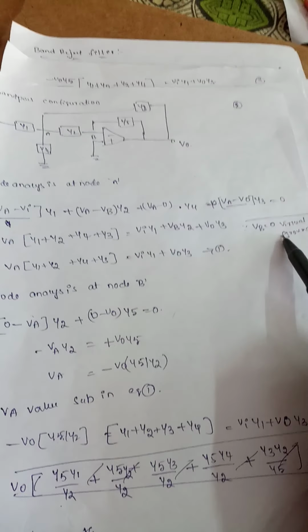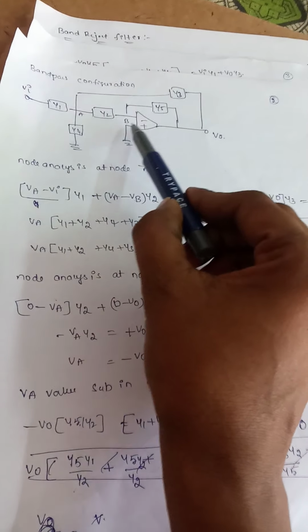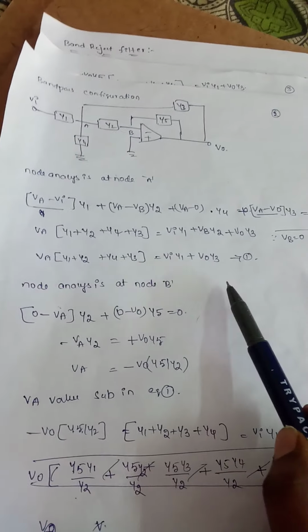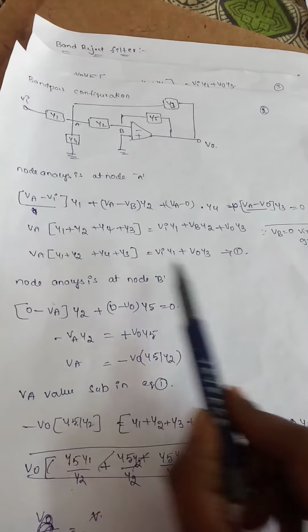Here VB is equal to 0 because it is connected to ground potential. In VA minus VB into Y2, instead of VB we substitute 0. Then the equation is this one.